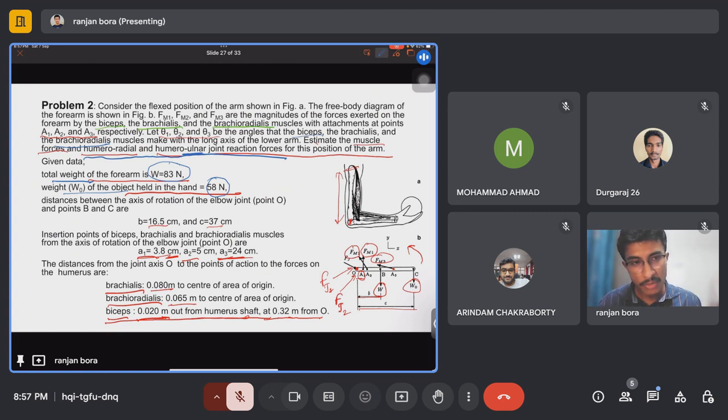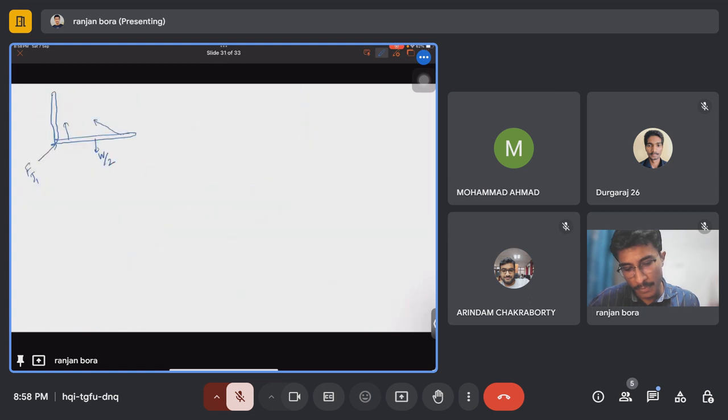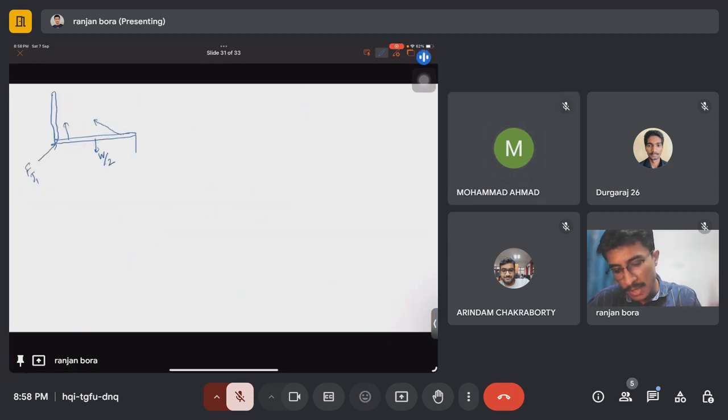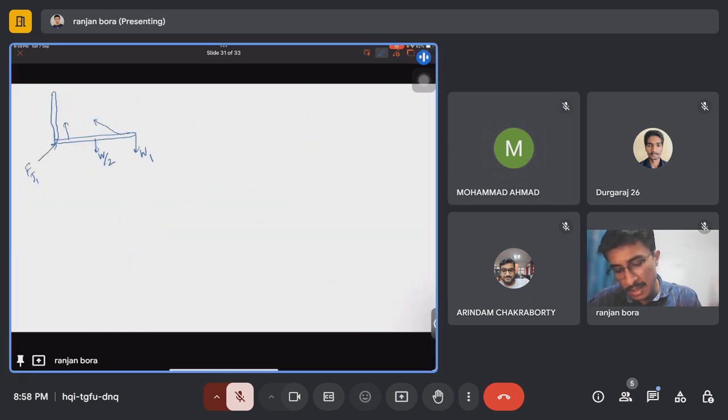This W naught was carried by both the bones, both radius and ulna. But now we need to find out what is the force which will be carried by each of the bones separately. So first we will find out what is the load that will be carried by the radius bone. Yeah, so we'll take it as W1 here.